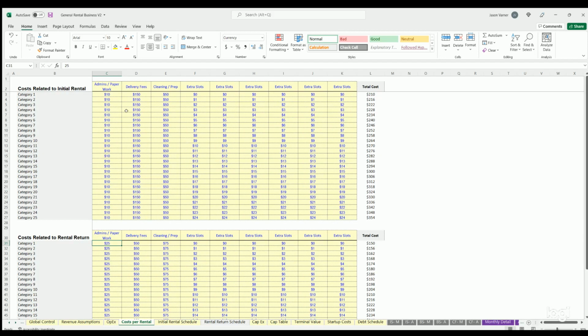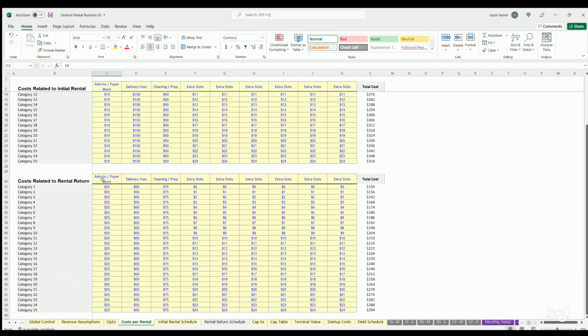So this is to define if the company bears any cost when something is rented out. And so every time you have to deploy a unit, what's the total cost to the company, which you can define here. And also if there's a return cost that the company bears, you define that here.